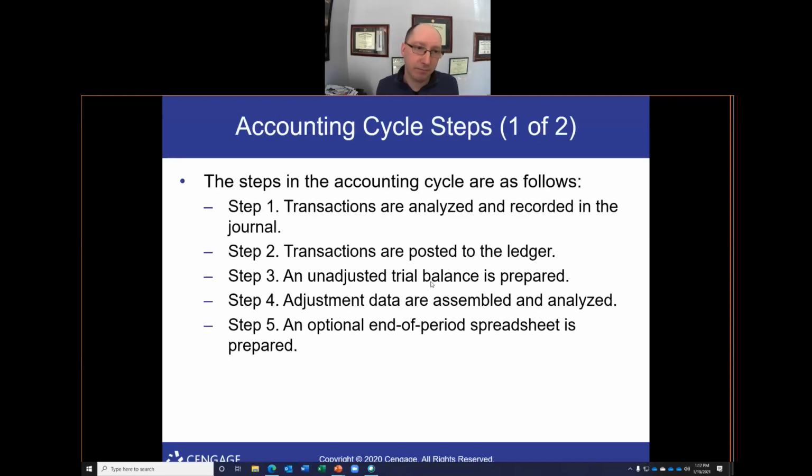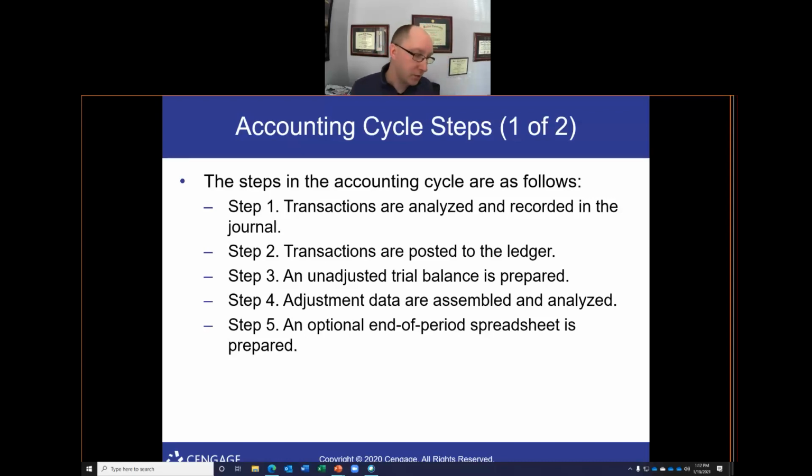So step one, we record and analyze the journal entries. Remember, a journal entry represents a transaction. Step two, the transactions are posted to the ledger.